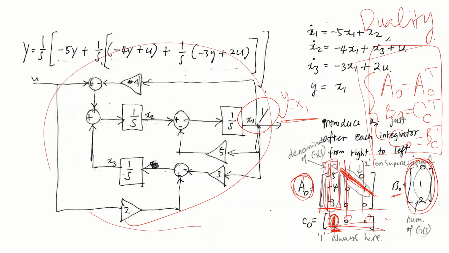Because this observer canonical form will be used for observer design, and the control canonical form will be used for control design. And these two totally different designs are related through this beautiful duality relationship. And this is it for lecture 4.